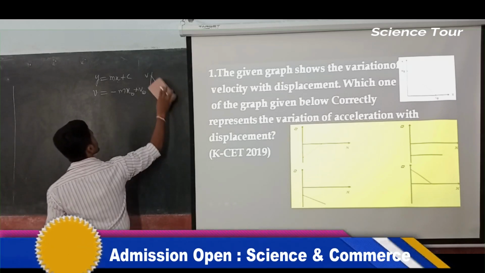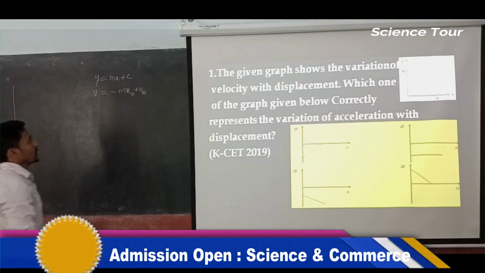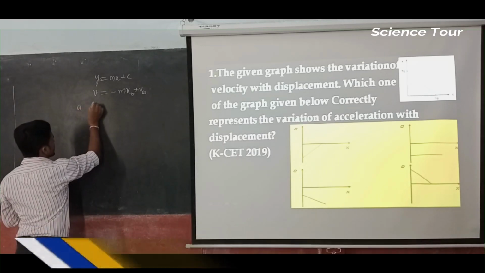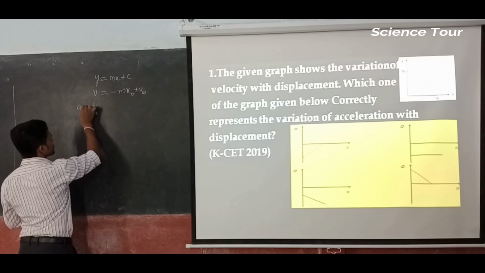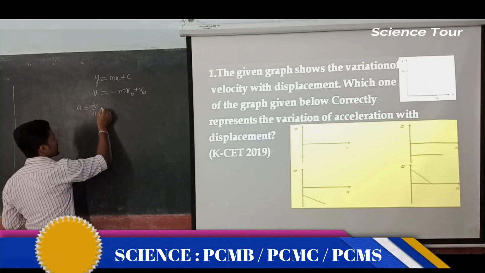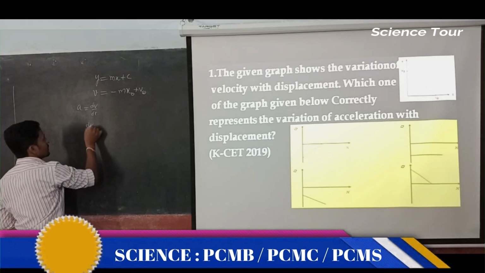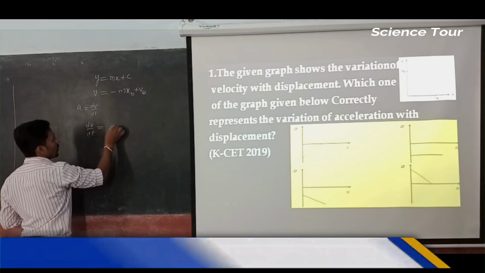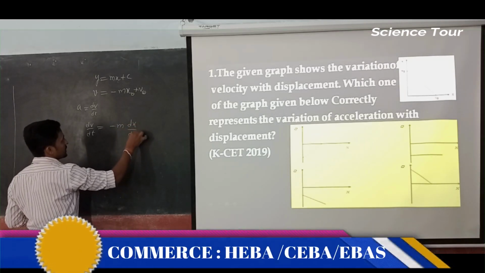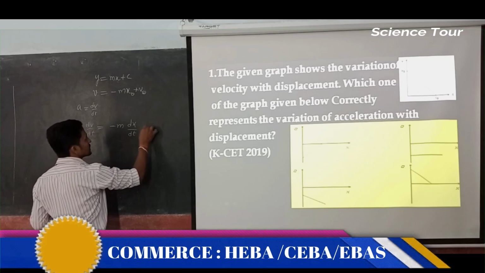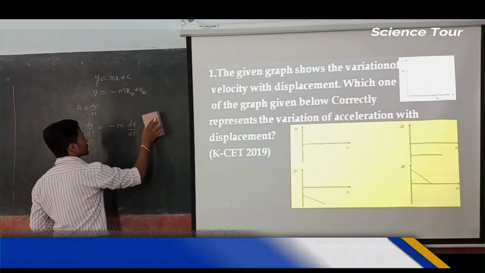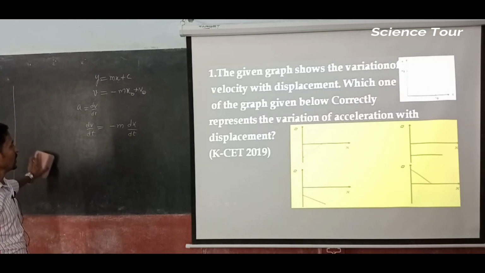Now I am going to erase this. Now we have to find out the acceleration. Now what do you mean by acceleration? Acceleration is dv by dt, which is equal to minus m, a constant, times dx by dt, plus the derivative of v naught, a constant, that is 0.